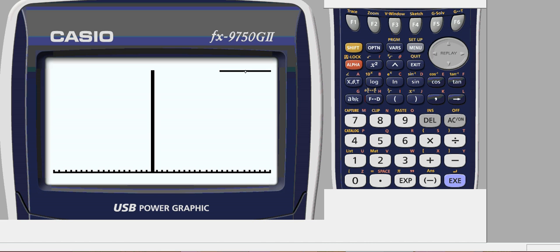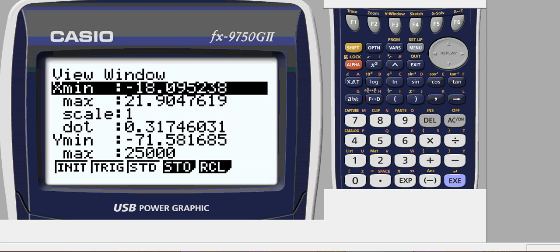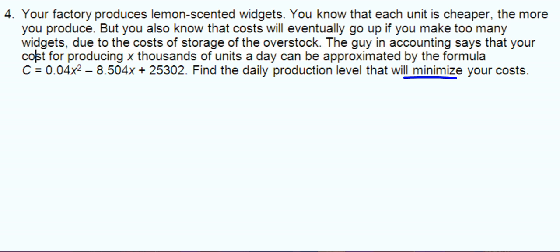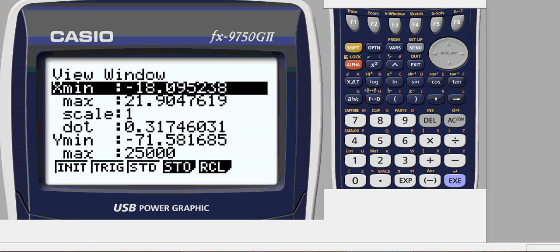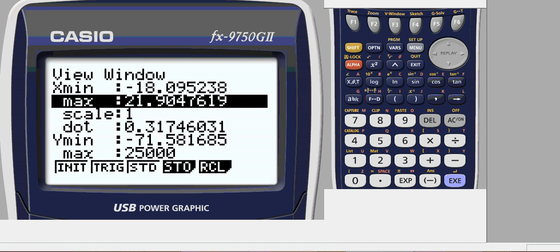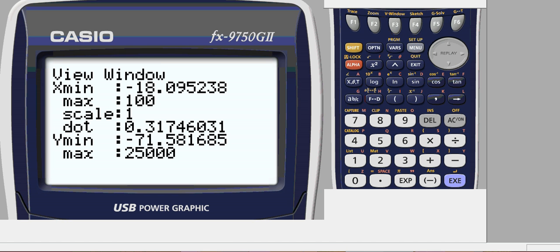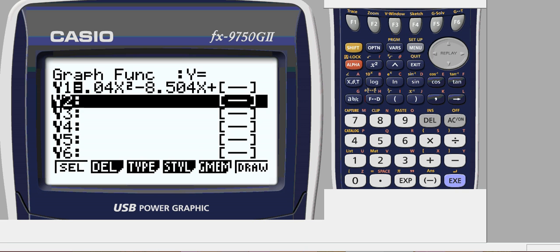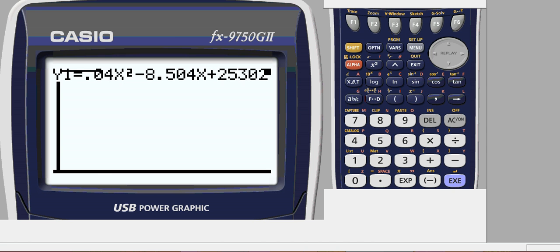Looks like maybe we're starting to see a little something though. We didn't change our x values because we're looking at the production. That's going to be probably a pretty large number also. So let's change this to a few hundred for sure, maybe even 1,000. See what we can see.